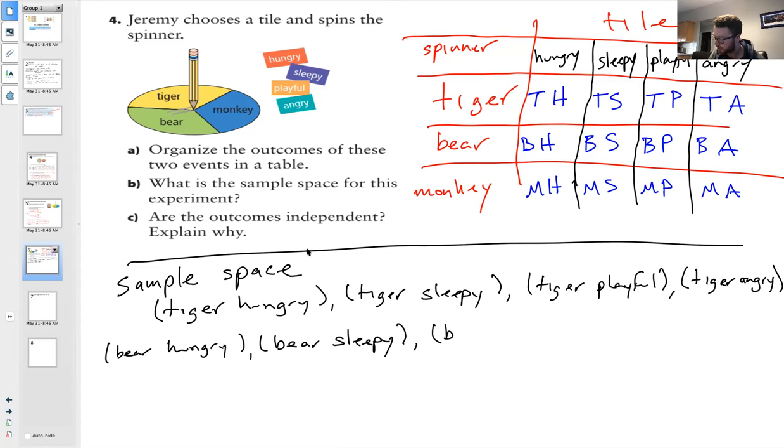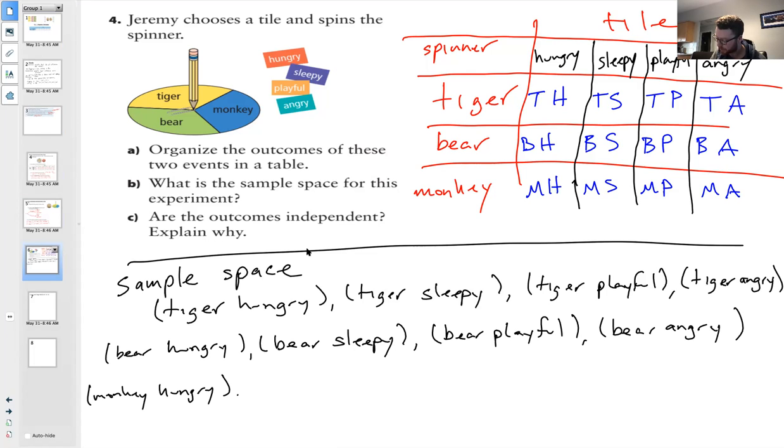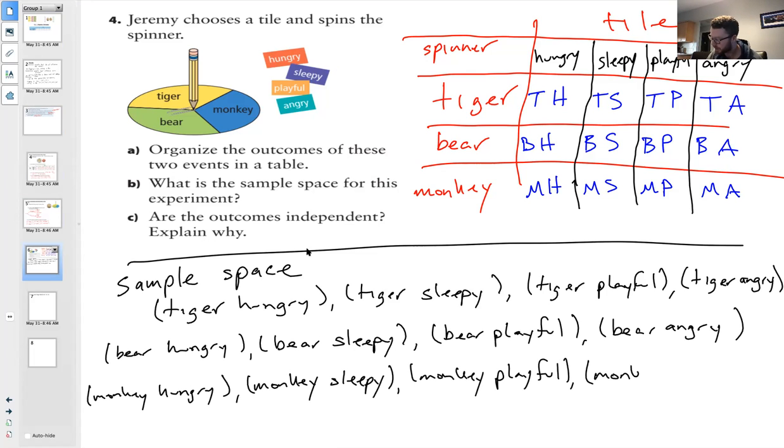Bear playful. And bear angry. Okay, lastly here, we will do the same, but for the monkey. Monkey hungry. Monkey sleepy. Monkey playful. And monkey angry.